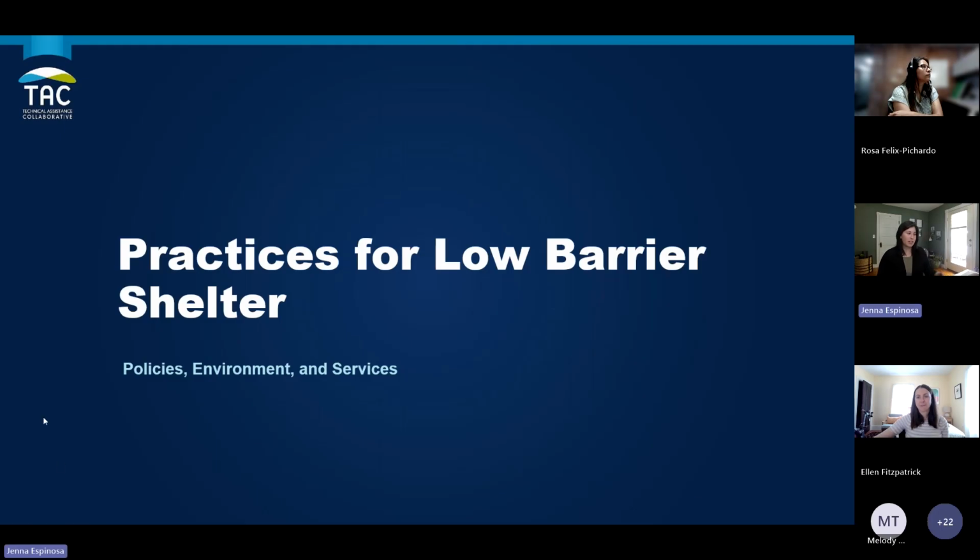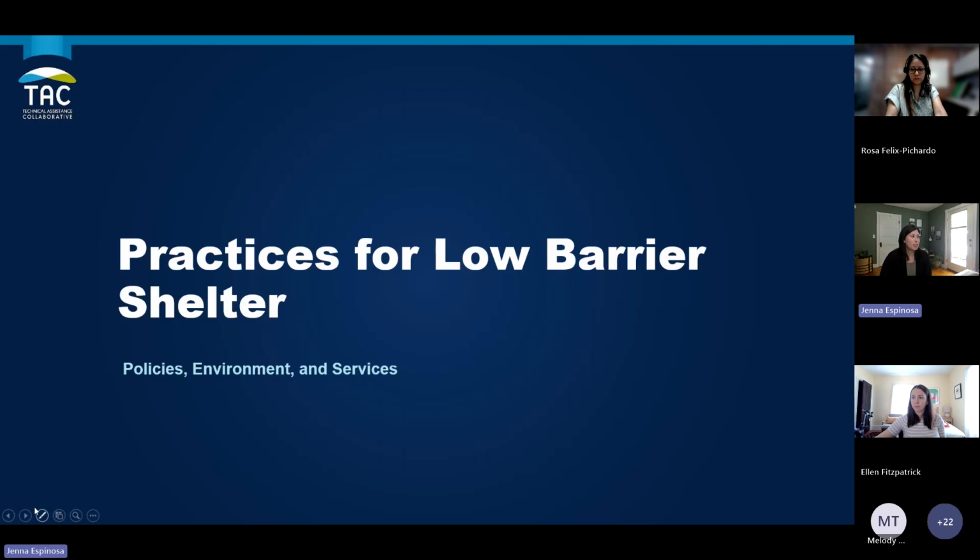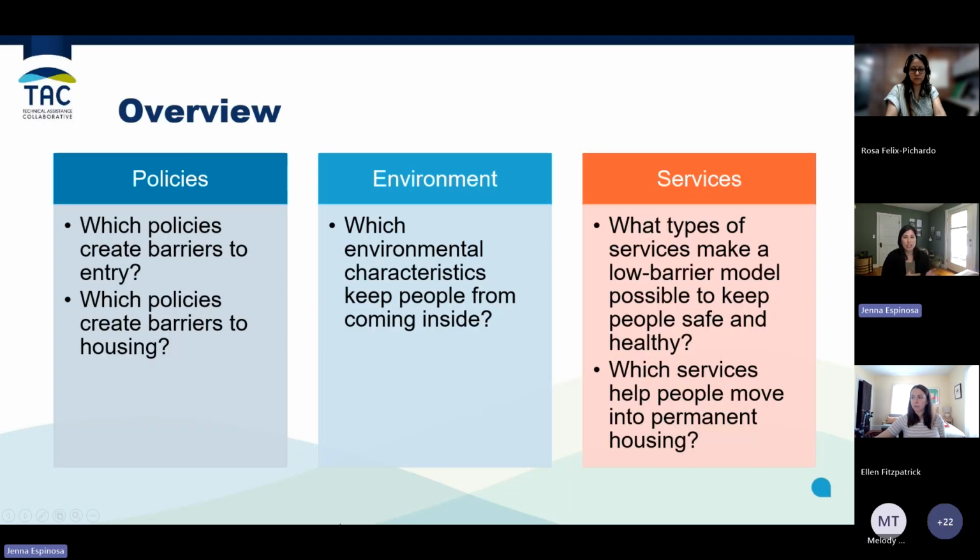Okay, so we're going to move into talking more specifically about practices, tangible practices that other shelters and probably many of the shelters that you work at have implemented already to reduce barriers. And we're going to use this framework of policies, environment, and services.